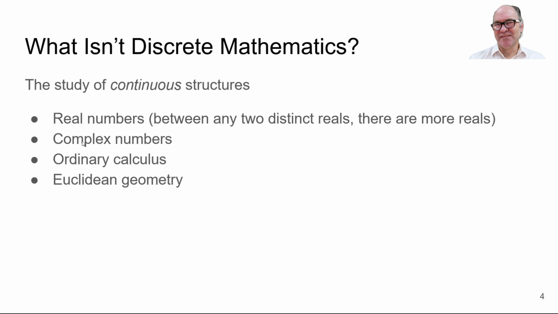So what isn't discrete math? Well, most of the mathematics that you've actually worked with since about 8th or 9th grade has to do with the real numbers, and possibly a little bit of work with the complex numbers in an algebra course. And these are not discrete structures. The real numbers, as I said, vary continuously.